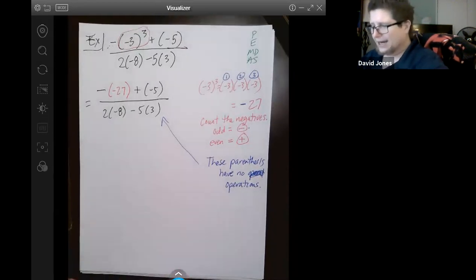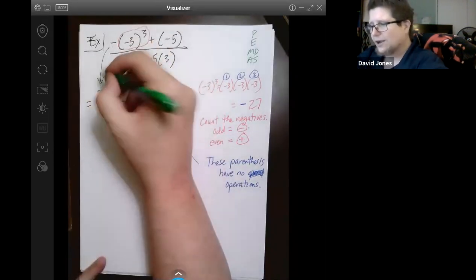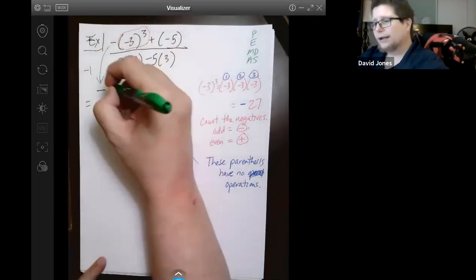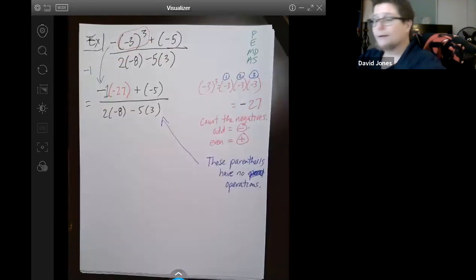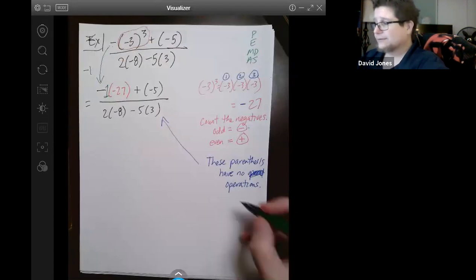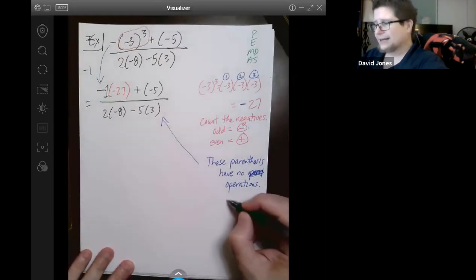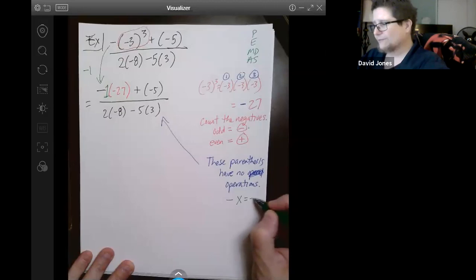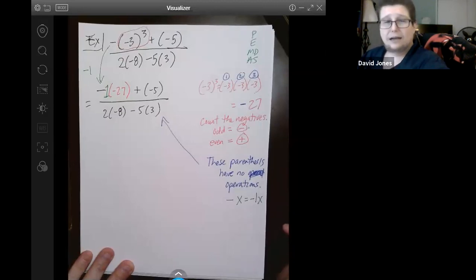When you have a negative in front, you could very well treat that as negative 1. So I could put a 1 right there. You don't need it. Like negative x is the same thing as negative 1x. That's a notation we do.